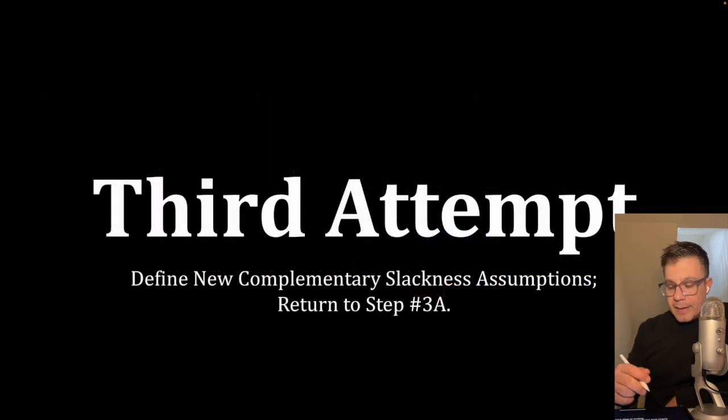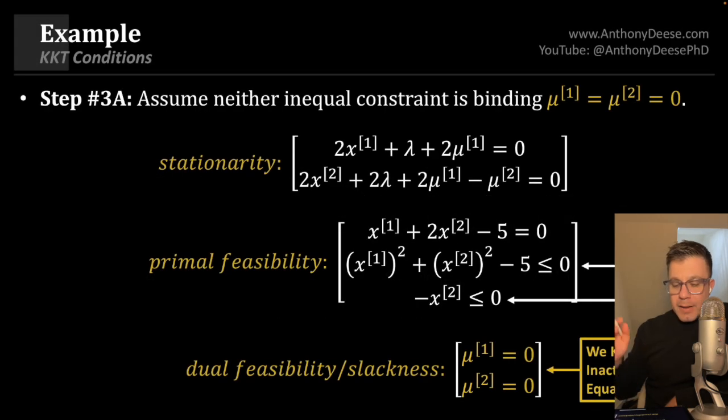Third attempt. Again, to find a new case or a new set of assumptions for complementary slackness and return to step 3A. So for this case, we're going to assume that neither one of the constraints is binding. That means that both H1 and H2 are both less than or equal to 0.